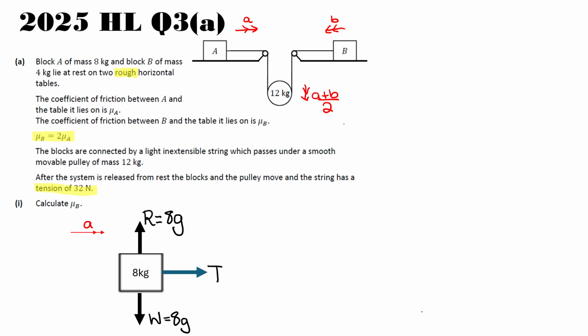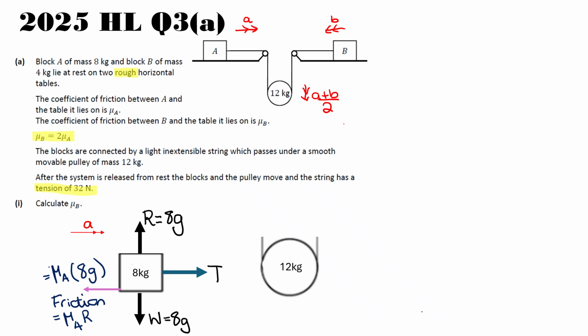So there's our A. That also helps us understand that friction, which opposes motion, then must be going here. So our friction is equal to mu, and in this case, it's mu A times R. Okay, and for us, that's actually going to be mu A times 8g, because that's our reaction.